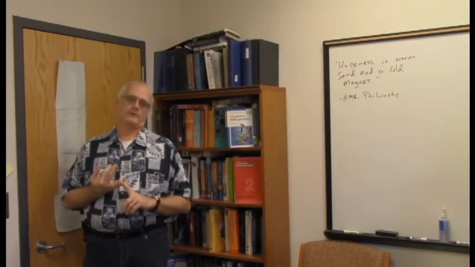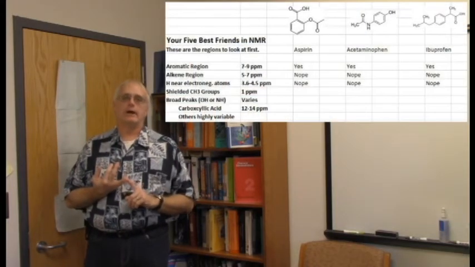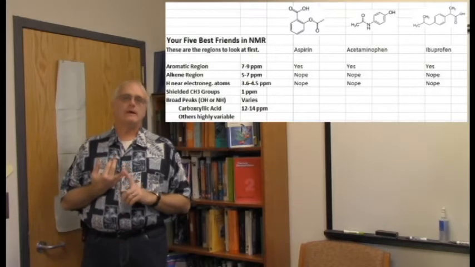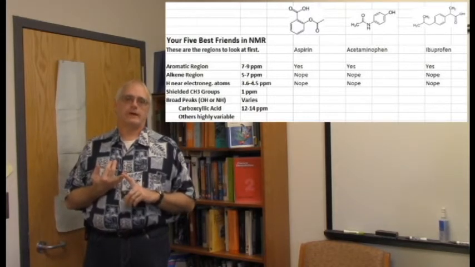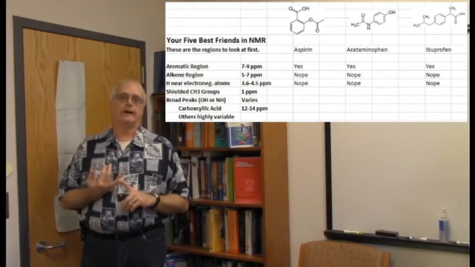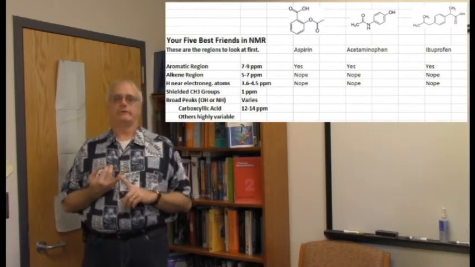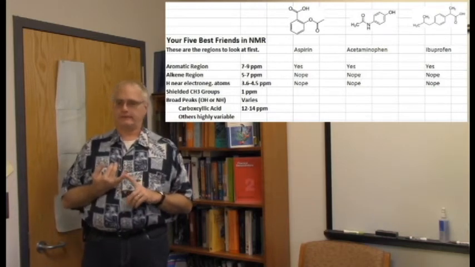The area around 4 ppm. Hydrogens near an oxygen, nitrogen, or other electronegative atom. Now, we look at the 3 structures, and we see oxygens and nitrogens, but we don't see any hydrogens on a carbon directly attached to the electronegative atom.